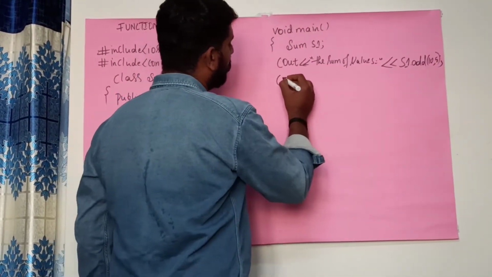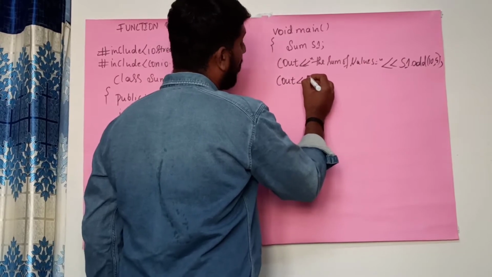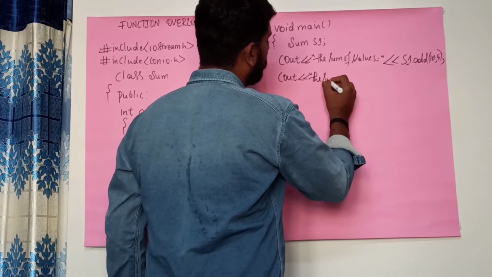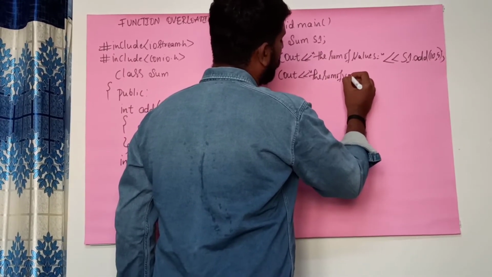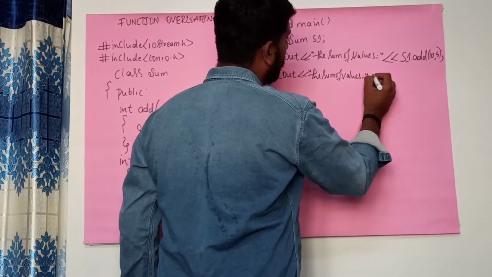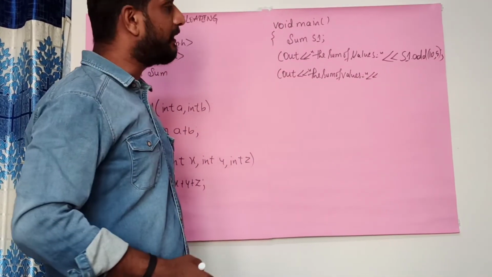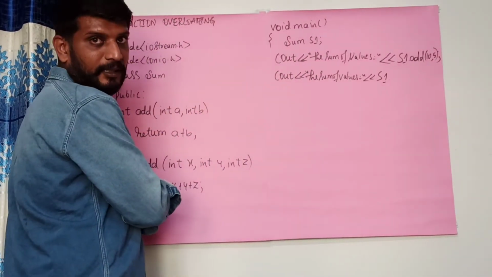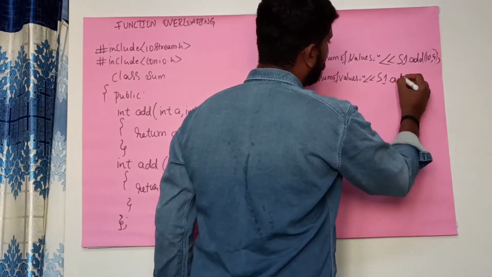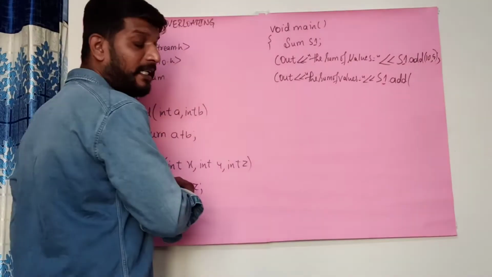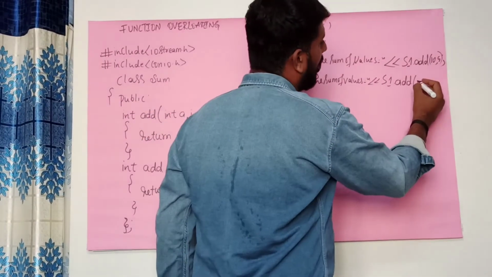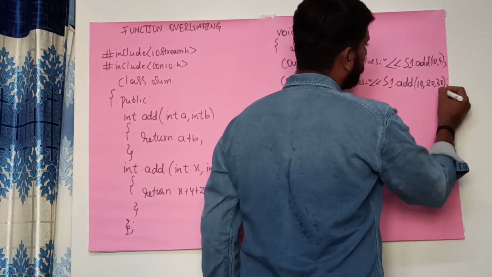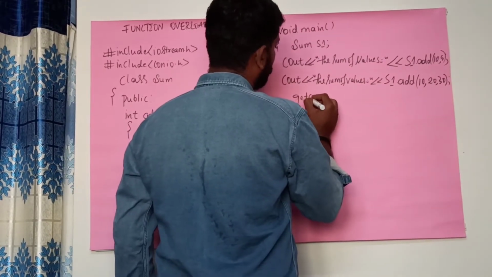Next again I will call the second function also, cout the sum of values is equal to s1 dot add, but this function is having three different arguments. So I will pass three different values, 10, 20 and then 30, and I will close the thing.